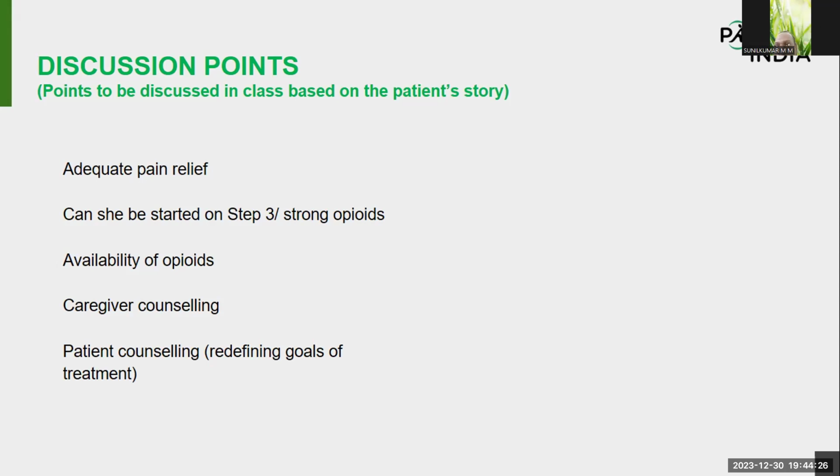And if the patient is ready to sign it, then it would be good. And as she told, it should be in the patient's language. Otherwise, most of the consent forms would be in English, and many of the patients would not understand even the letters of English. Then that would be a problem.